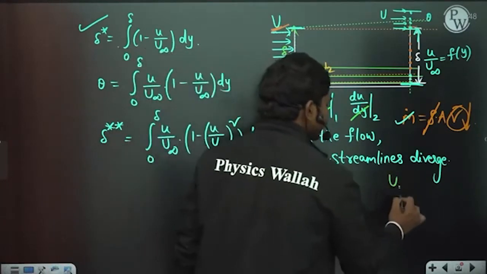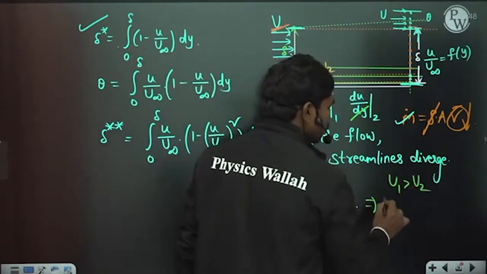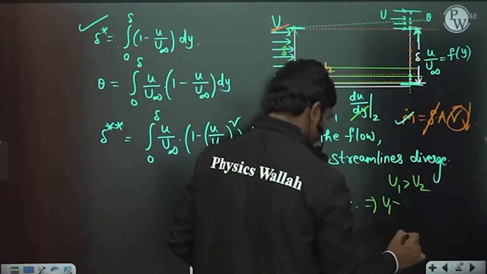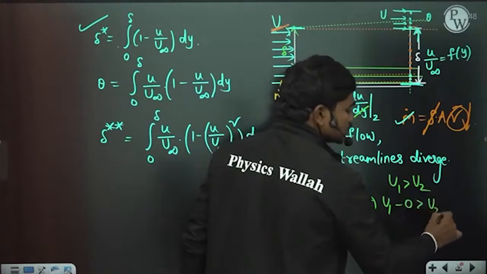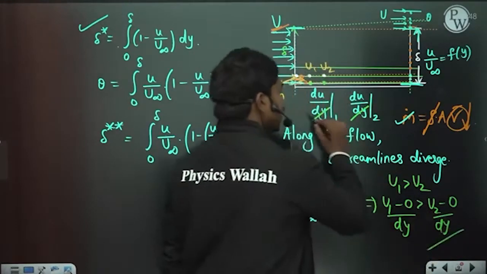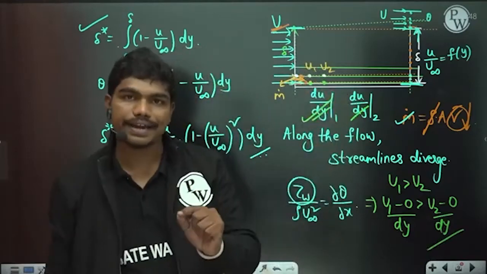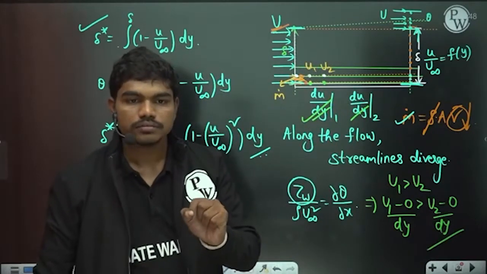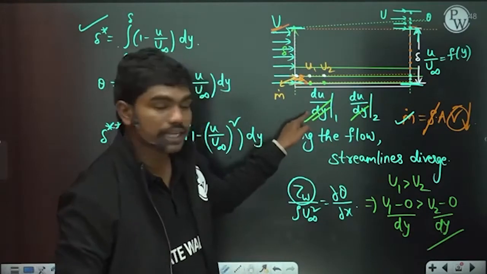Clearly u1 is greater than u2, so u1 minus 0 is greater than u2 minus 0. For the same dy, the velocity gradient at this location is actually higher. Clear?